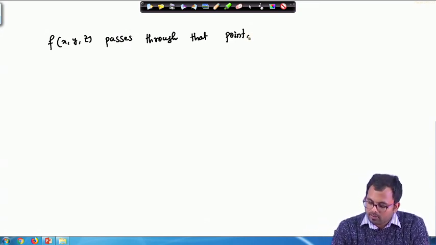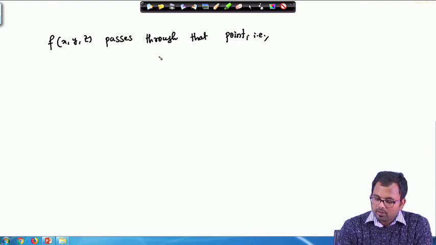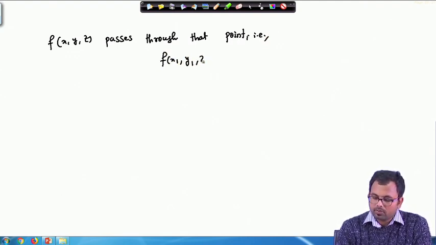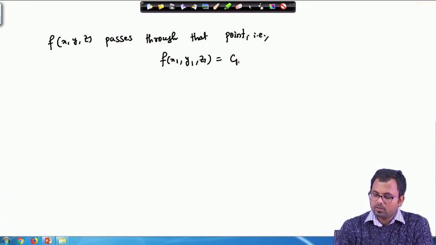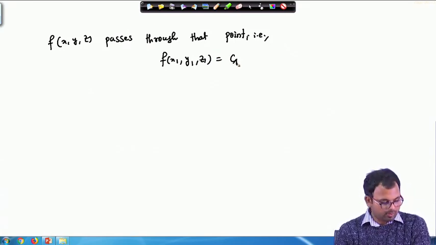That is, the point (x1, y1, z1) will satisfy that equation, and this will be equal to some c1, right.